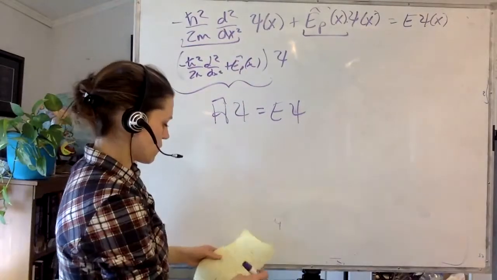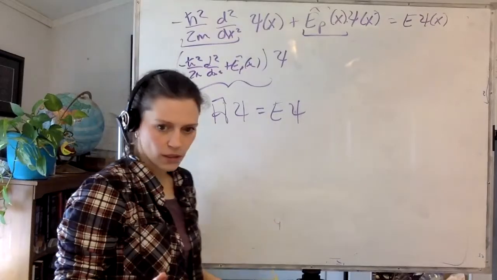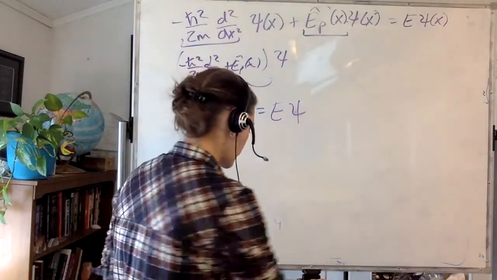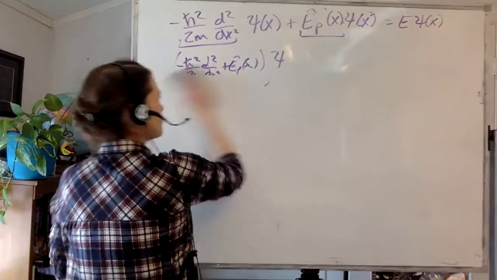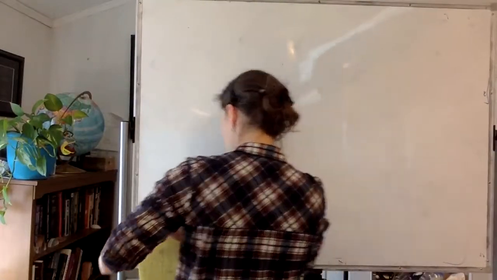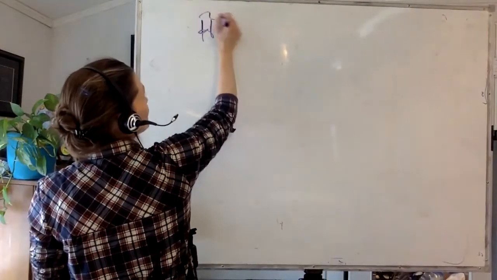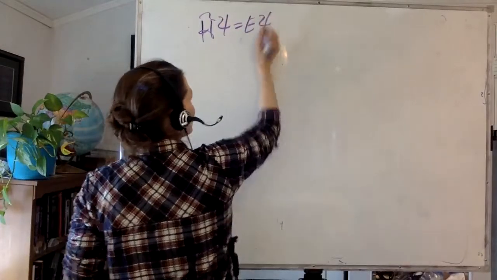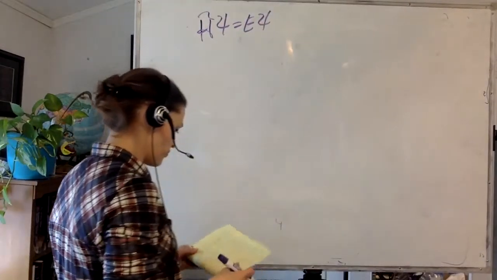In 1926, Max Born, who was working with Niels Bohr at the Copenhagen Institute, postulated a few things. I'm just going to rewrite the Schrodinger equation: H psi equals E psi. It's a beautiful equation.